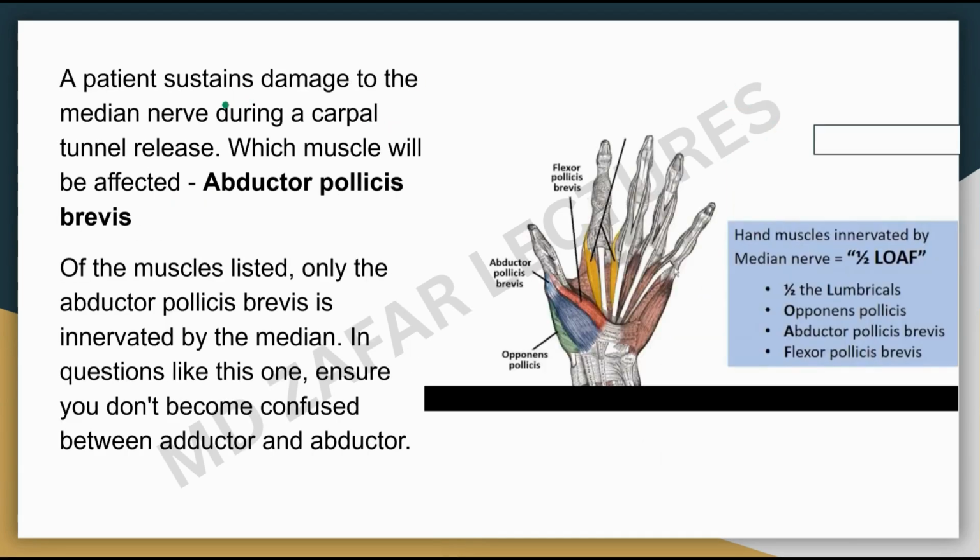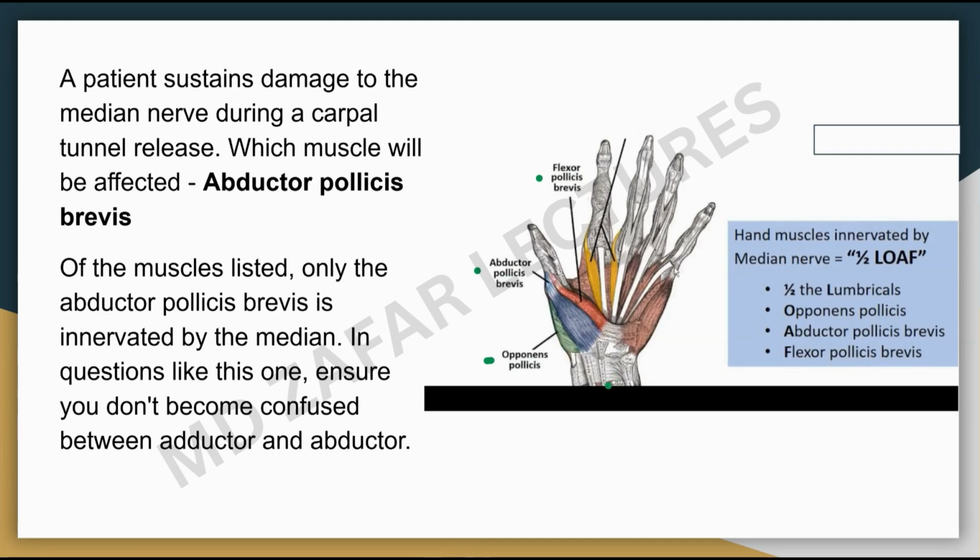So a patient sustains damage to the median nerve during carpal tunnel release. Which muscle will be affected? They can give you different options, and out of that, you have to see whether opponens pollicis, abductor pollicis brevis, or flexor pollicis brevis is present in the options or not.